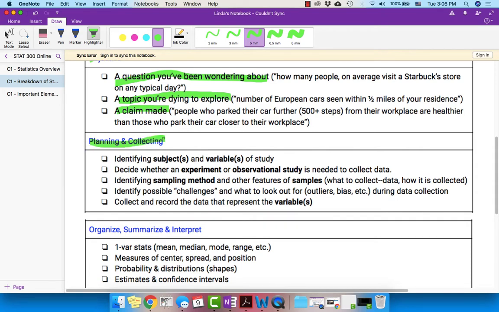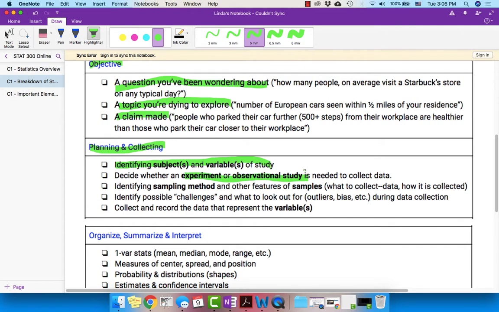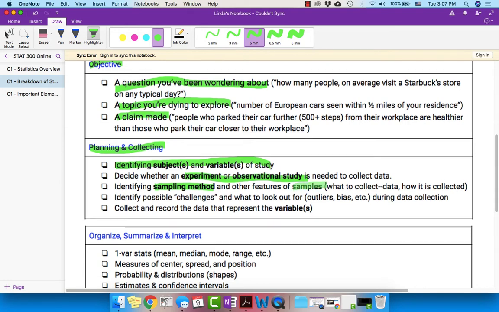You identify the subjects and variables of study. Then decide whether an experiment or observational study is needed to collect data. Next, you identify the sampling method and other features of samples, such as what you collect and how it is collected.